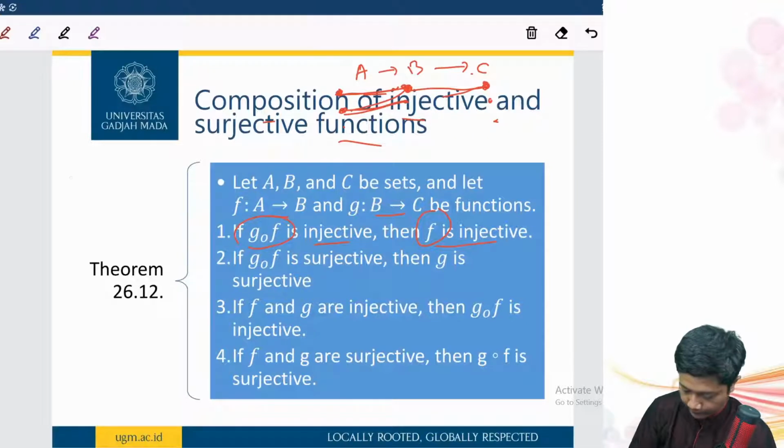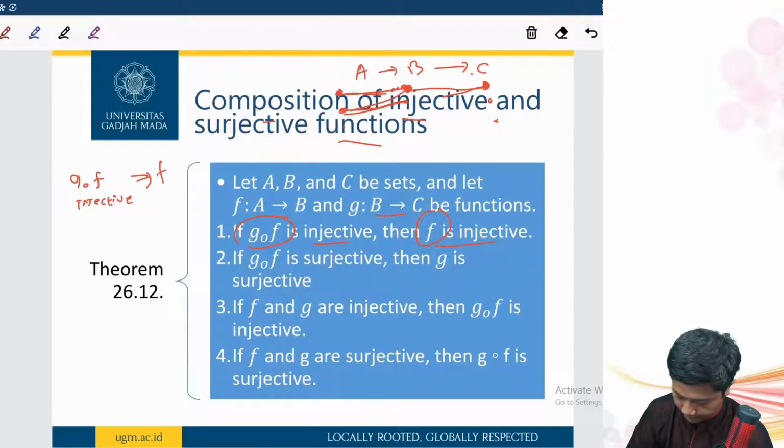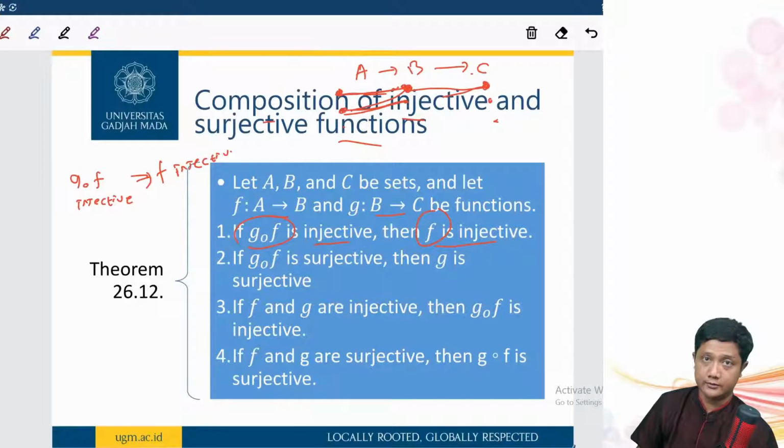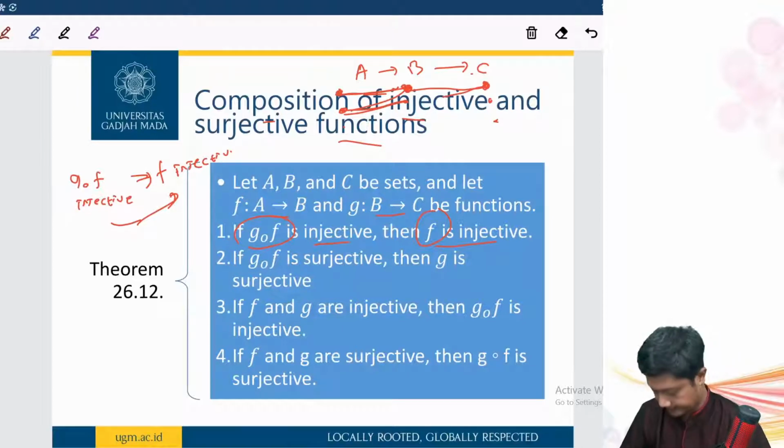I mean, when G∘F is injective, then from left to right, this one is correct, F is injective. But for the converse, it is not true. Okay, remember, it only holds one way.